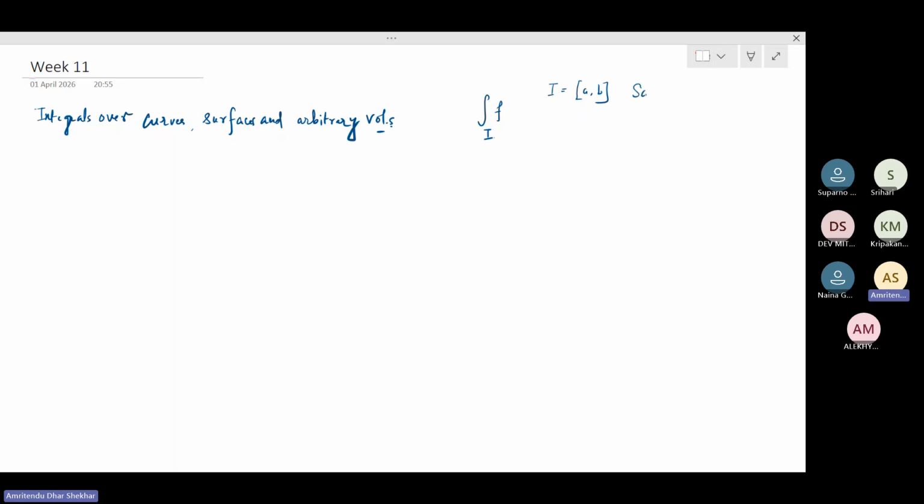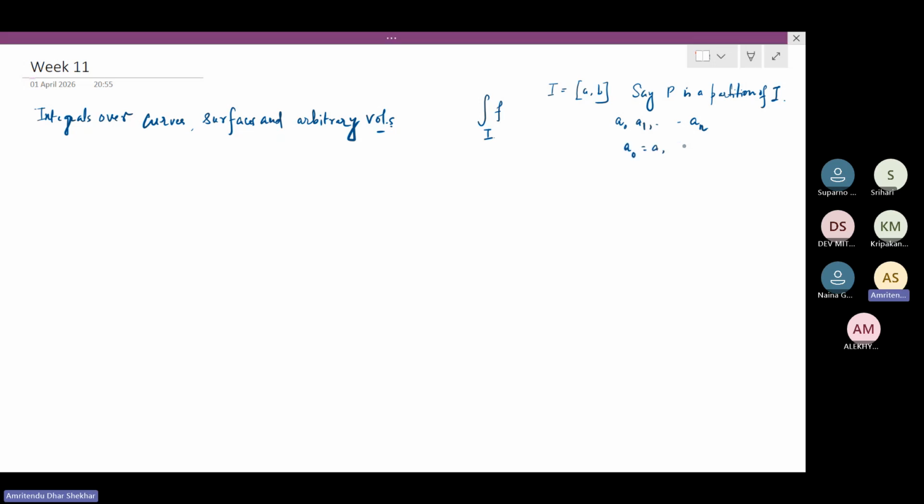Say P is a partition of I. You can consider simple partitions of I, which are of the form a_0, a_1, up to some a_n, where a_0 is a and a_n is b.